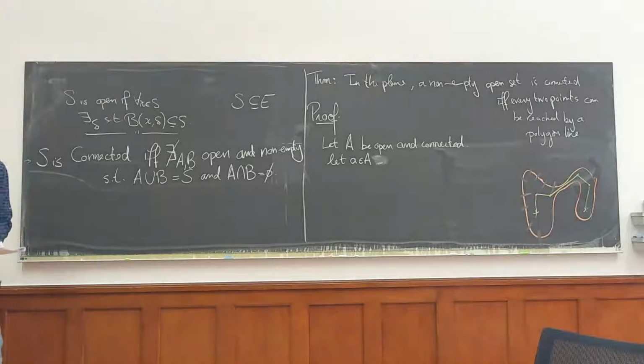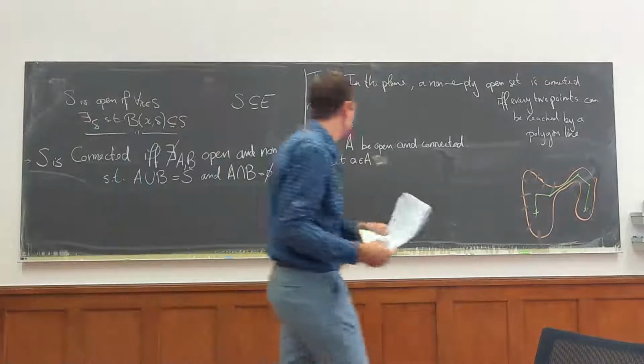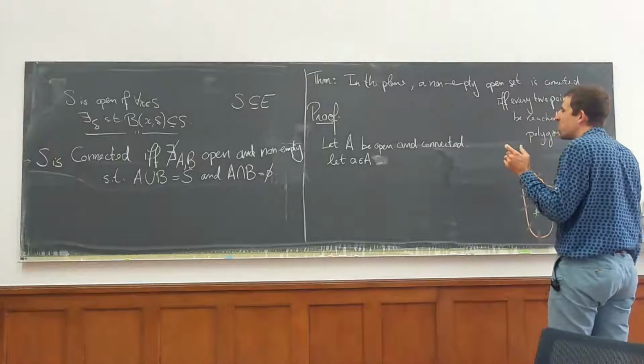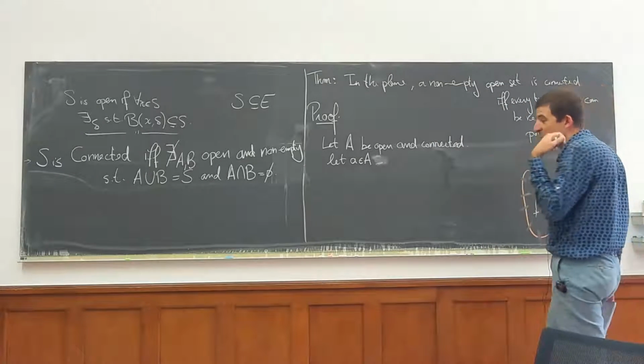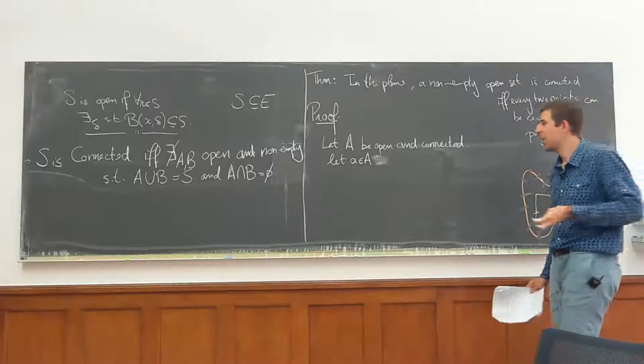The neat trick is we're going to set the partition by just splitting it between the points that can be reached by a polygon line and the points that cannot.